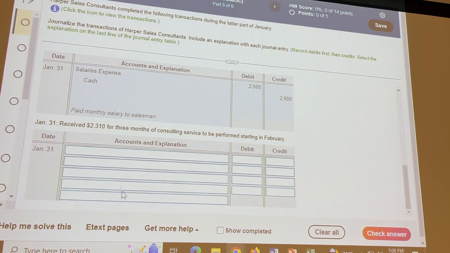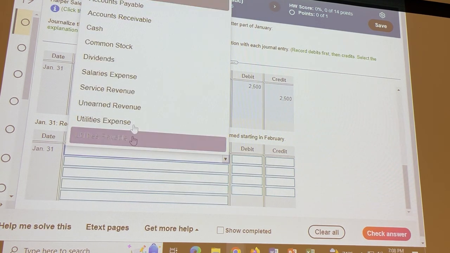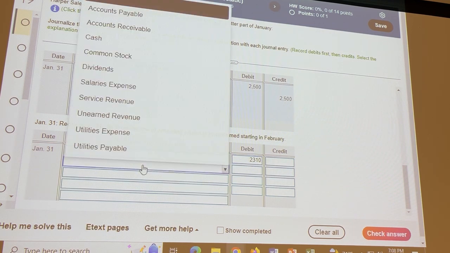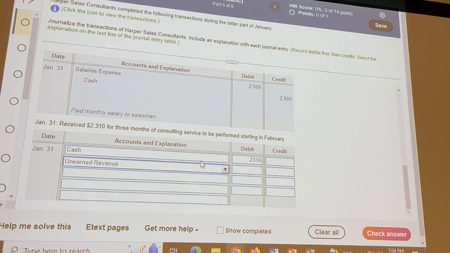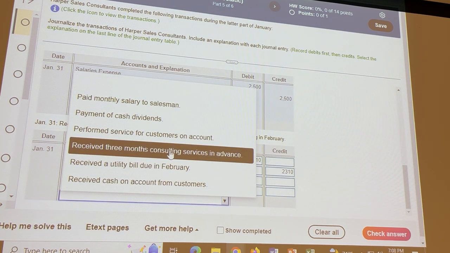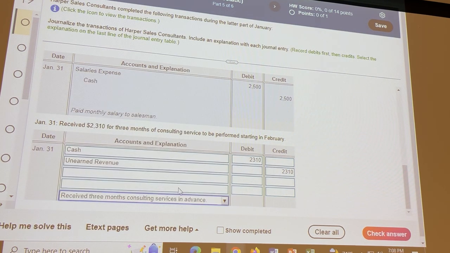We received the cash, so we can show cash going up with a debit, 2310. Then the liability account would go up with a credit, and that would be the account called unearned revenue. And at the bottom we put received 3 months consulting services in advance.